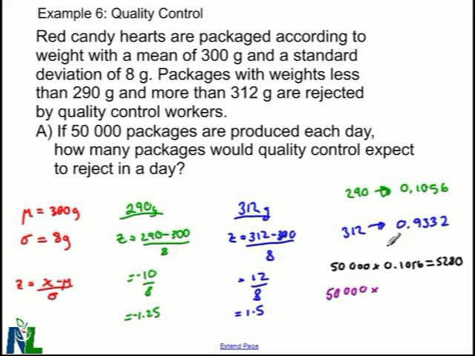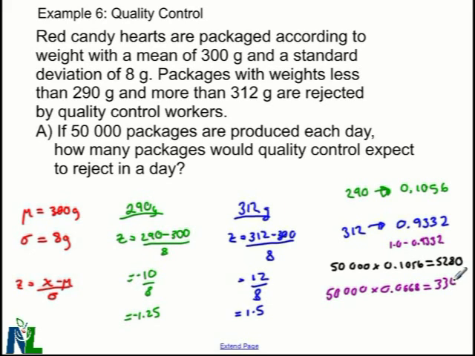So if I take 1 and subtract off that 0.9332, I can see that I would need to multiply by 0.0668, which will give me another value, and that value is 3,340.